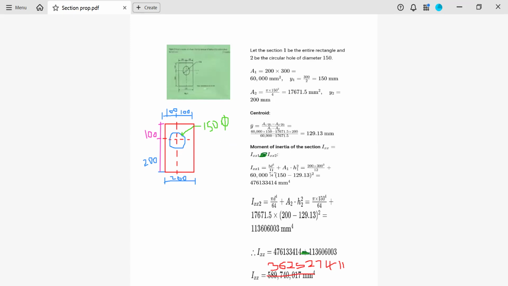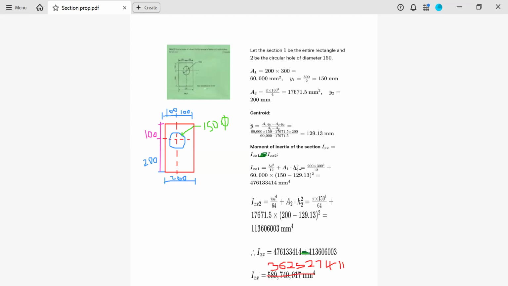Then how do you compute Ixx1? This will be equivalent to BD cubed over 12 plus area 1 times h1 squared. This h1 is just a measure of difference from the centroid of the entire figure to the center of the figure being considered.